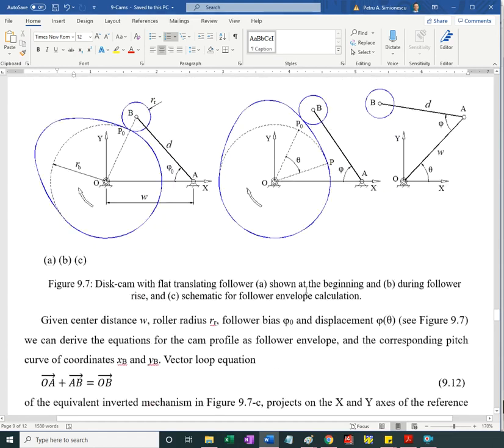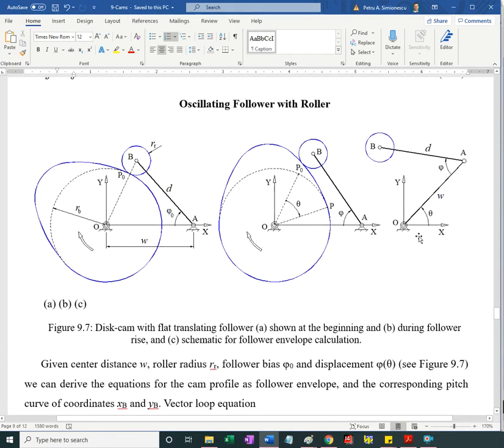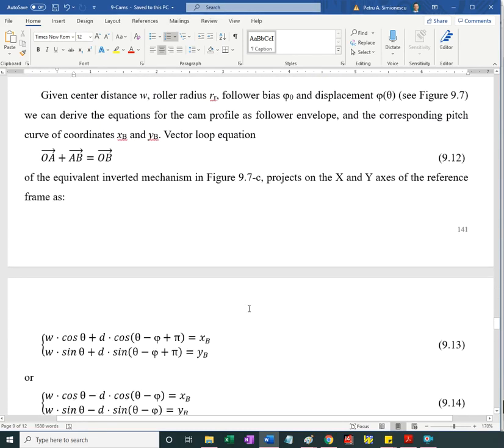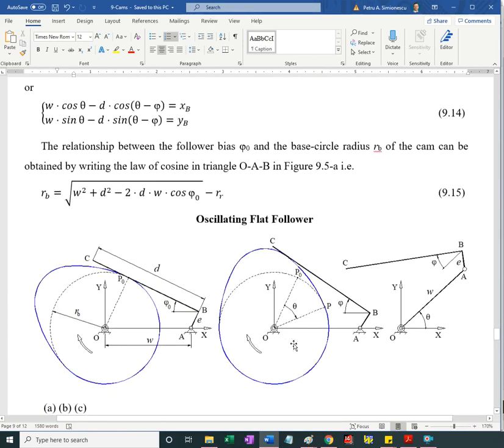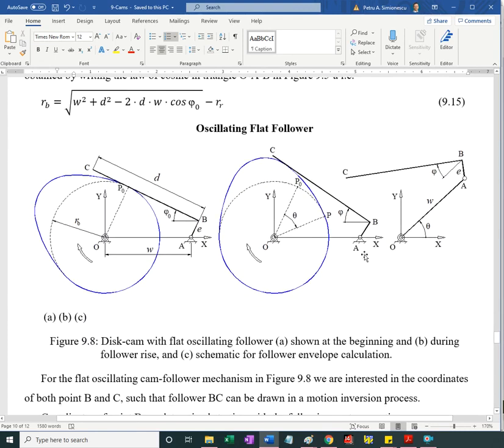I'm interested in XB, YB. Again, write the vector loop going from O to A to B equals OB, and vector OB has coordinates XB, YB. Of course, I need to know D, I need to know W, the center distance. And then finally, the flat face.